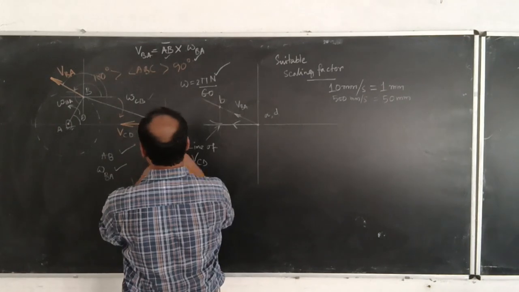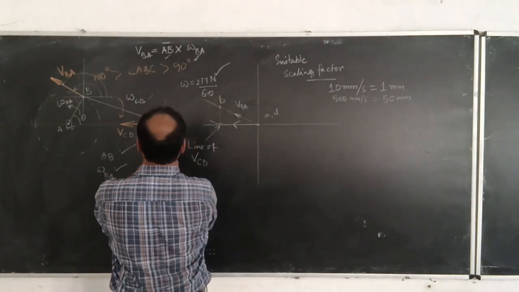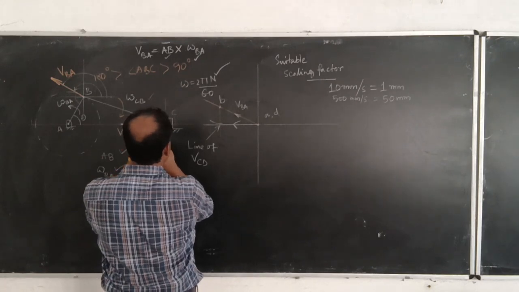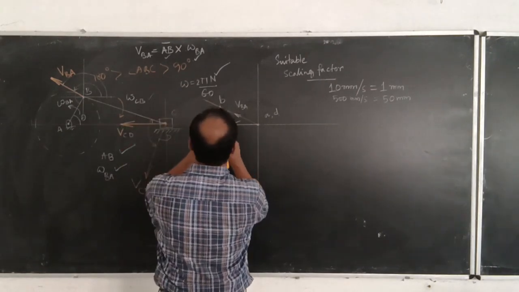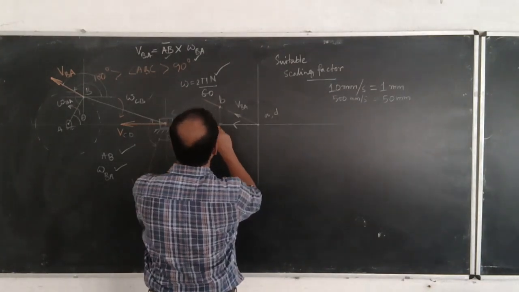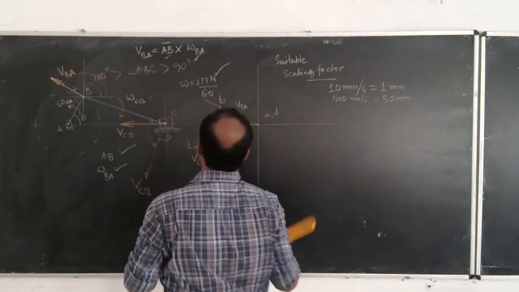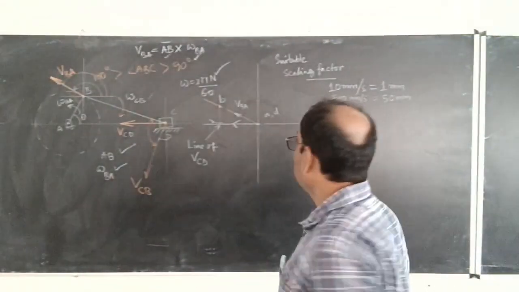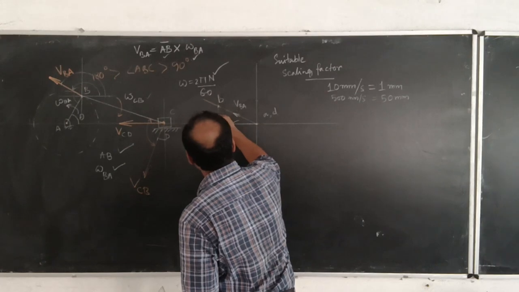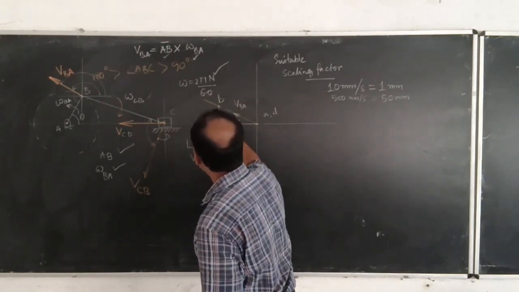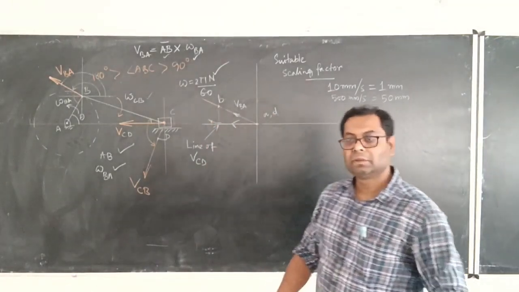This is the length of the intersection from here to here, a very small length. So we have identified the point of intersection over here, which is represented over here also.